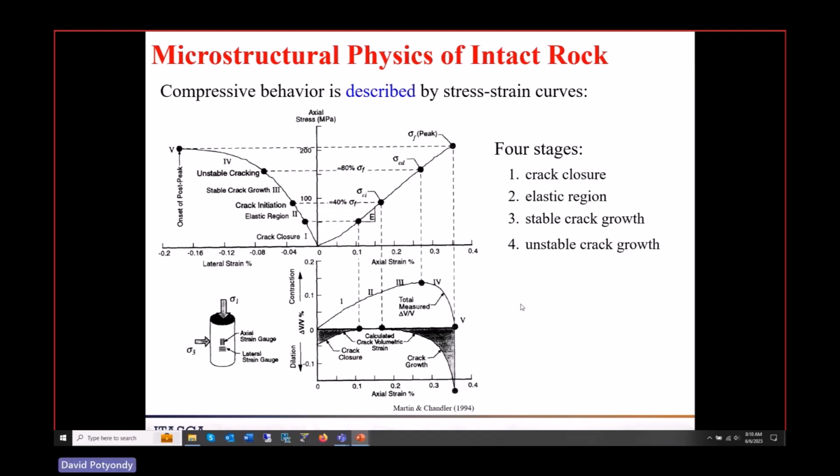In all the bonded particle modeling work that I've been involved with up until a year and a half ago, we've been able to match the first 3 of these, but we have not been able to match this point at which we get volumetric strain reversal. In most bonded particle models, you don't get this. You don't get volumetric strain reversal until it all starts to fail.